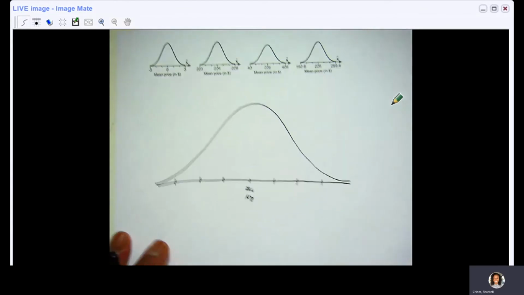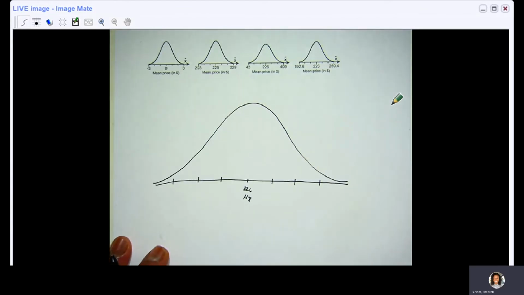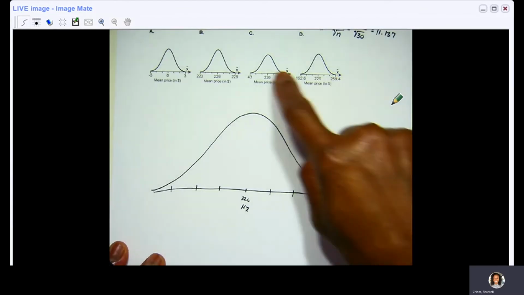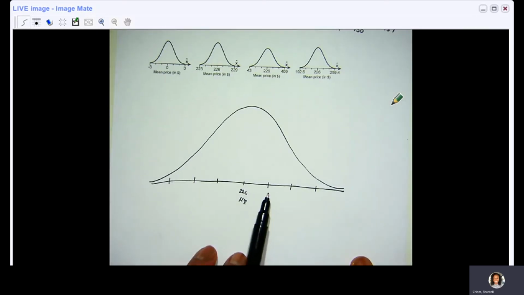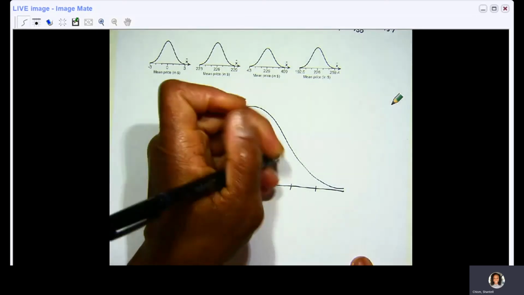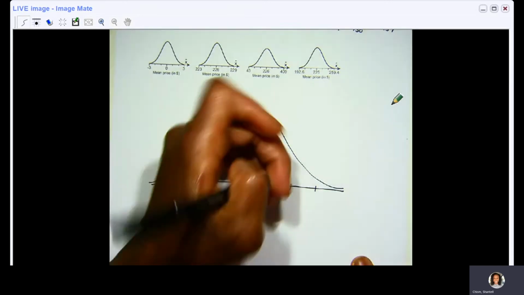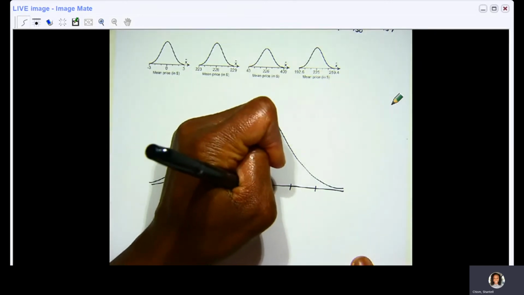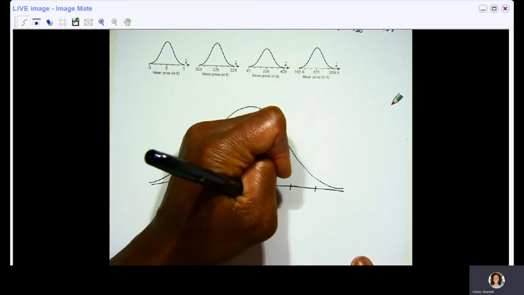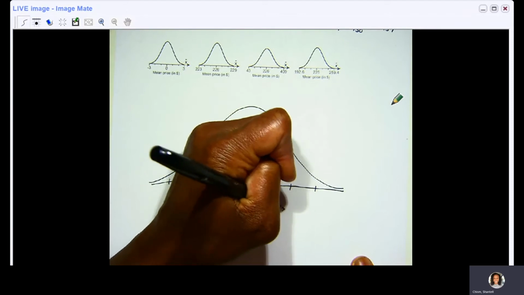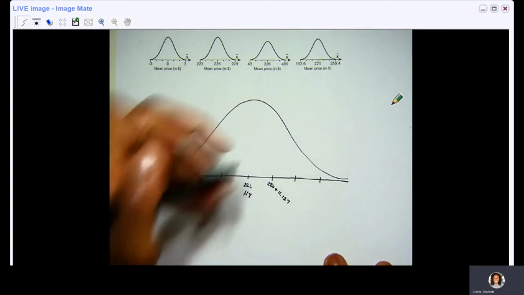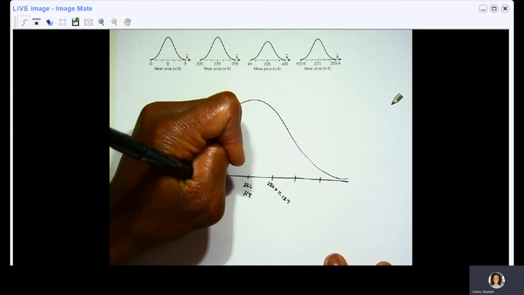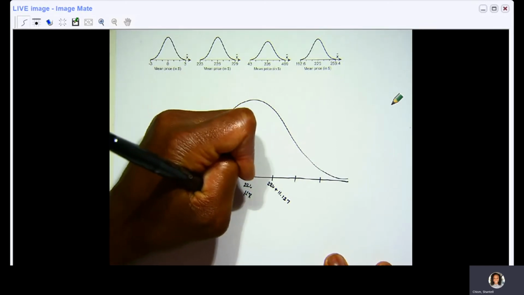Now I'm going to actually write out what the numbers are, and that way we can then see which graph is correct. So 1 deviation above the mean would be 226 plus 11.137. That's 1 above. 1 below would be 226 minus 11.137.